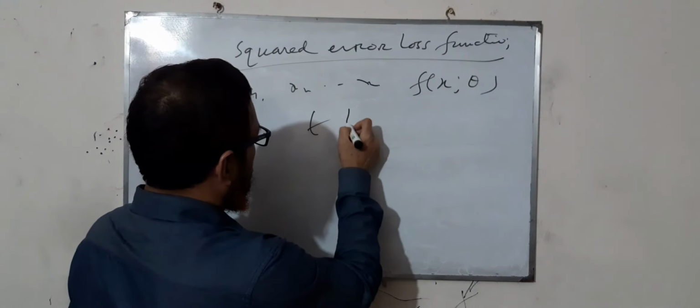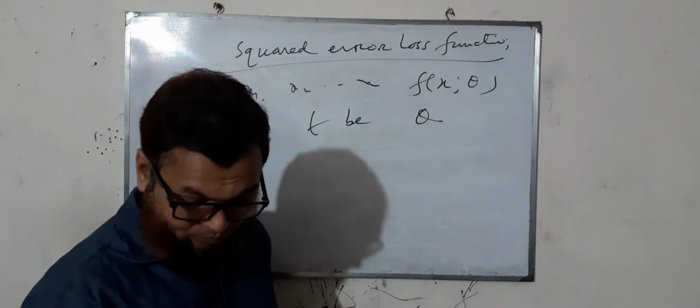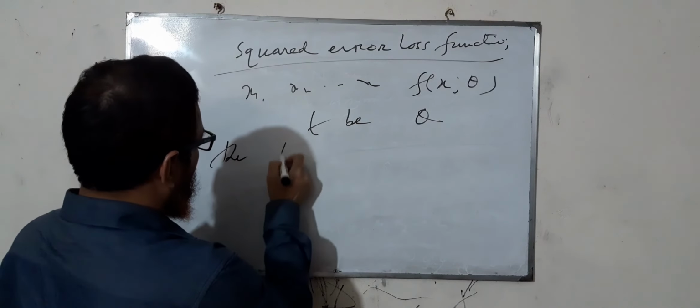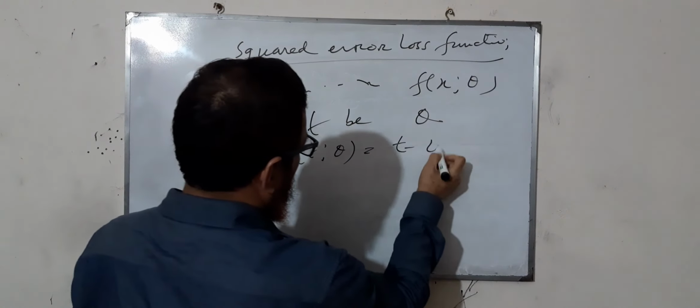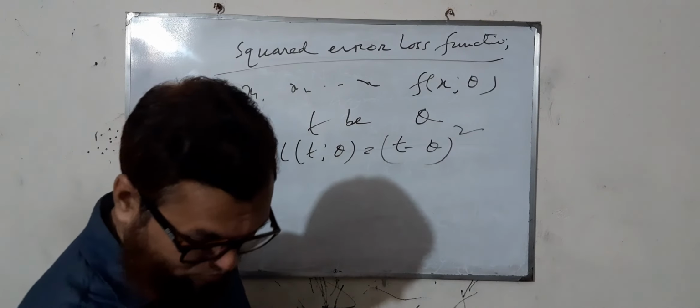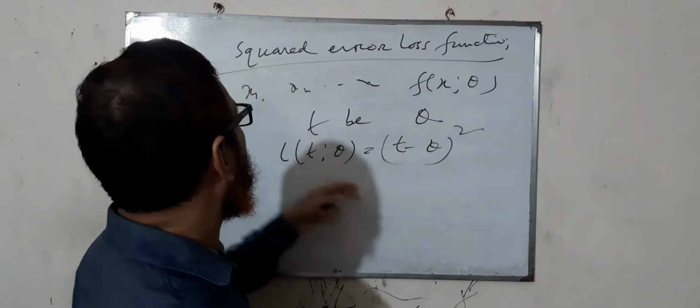Let T be an estimator of theta. Then L(T, theta) equal to (T minus theta) whole squared is called the squared error loss function.